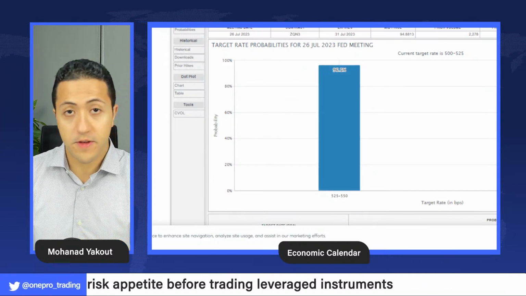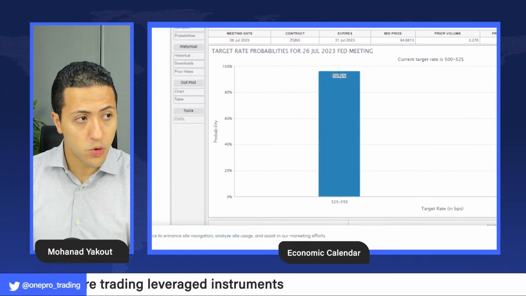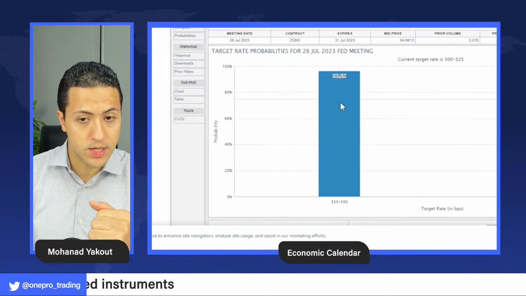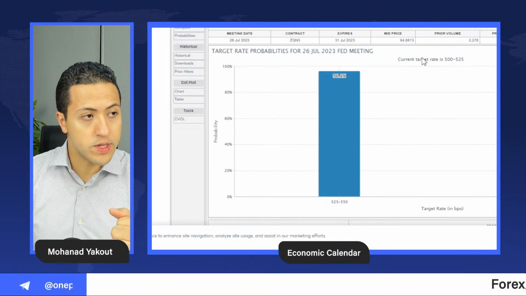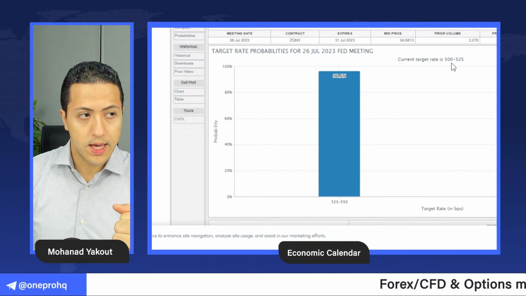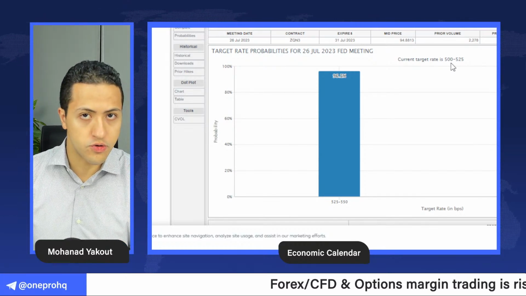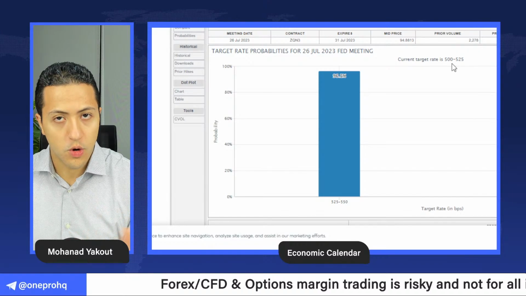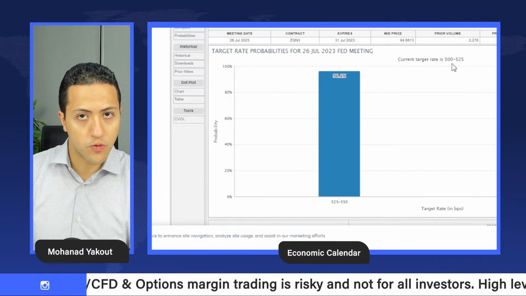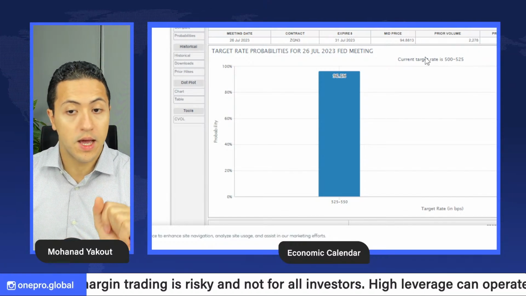We do have the FedWatch tool that you can see right now on the screen, and you can see the current target rate is 500 to 525, which is basically 5% to 5.25%. This is the current rate.